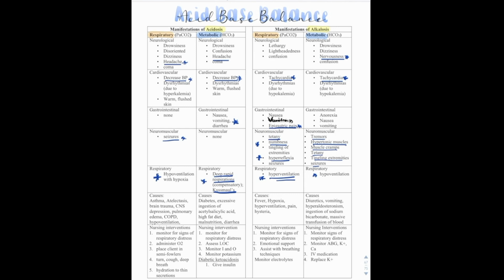For respiratory alkalosis, our nursing interventions are to monitor for signs of respiratory depression, emotional support, assist with breathing techniques, and monitor electrolytes. And our nursing interventions for metabolic alkalosis are monitor signs of respiratory distress, monitor ABGs, potassium and calcium, IV medications, and replace potassium.